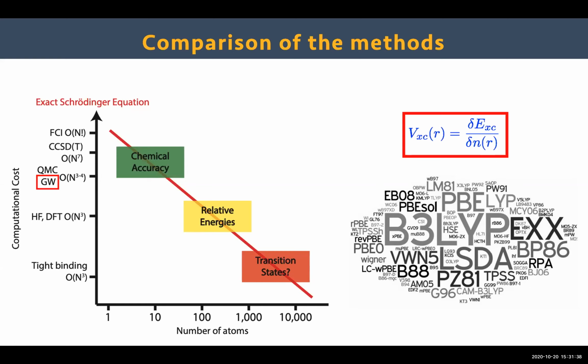But there's one drawback with density functional theory, and it comes from the exchange correlation functional, which is used to simulate the electron-electron interactions. The Kohn-Sham theorem that Glenn talked about is an exact theory, with the condition that you have the exact exchange correlation functional. But if you don't know what the exact functional should be, then there is a plethora of different approximations, which may look like alien language to people outside the field.